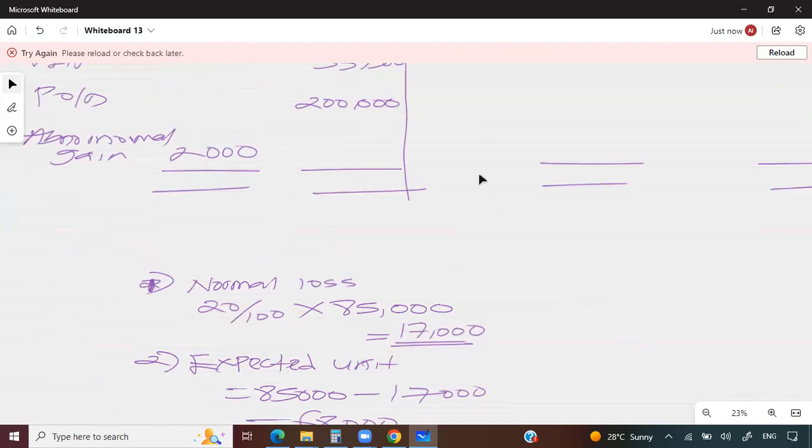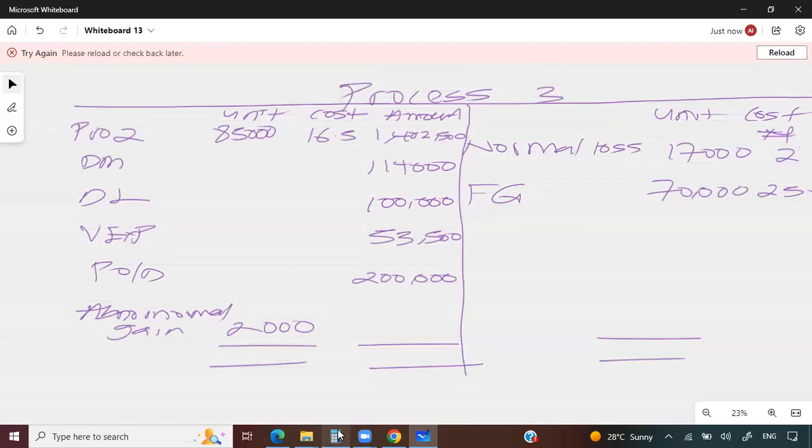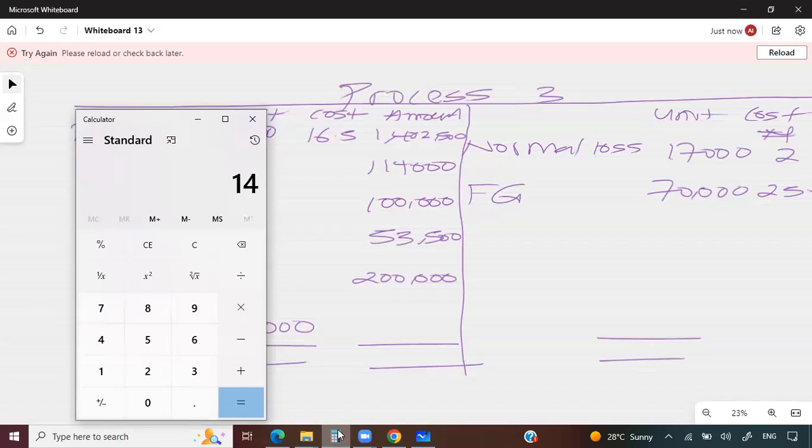The total cost is this. Starting from the first one, 1,402,500 plus 114,000 plus 100,000 plus 53,500 plus 200,000.